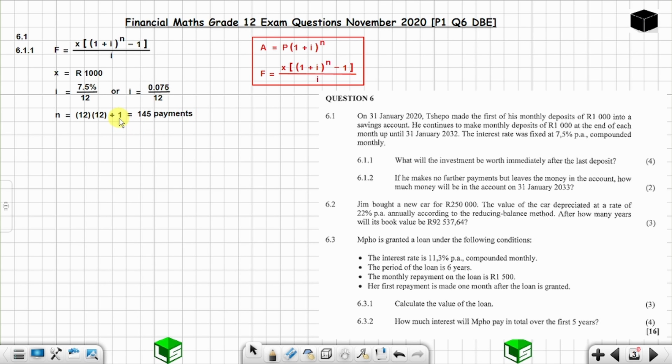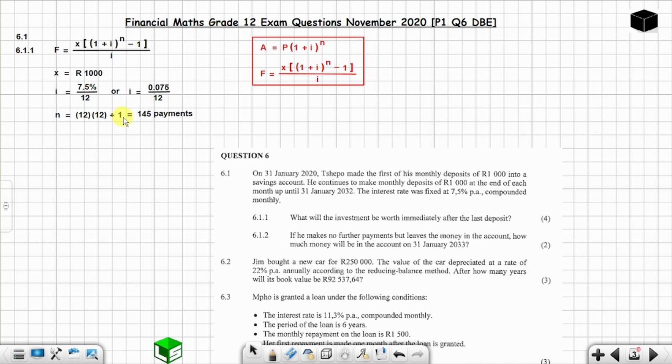Now the question is, where is the 1 coming from? Let me show you. I'm going to use a short period of time, from 31st January 2020 to 31st January 2021, because we can't count all the deposits from 2020 to 2032; it's too much work.